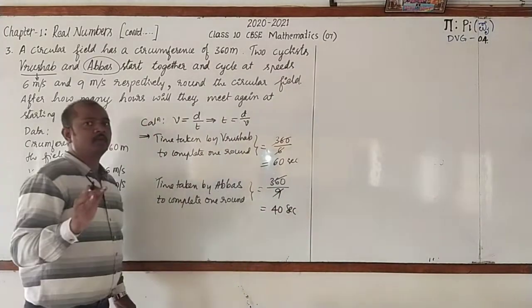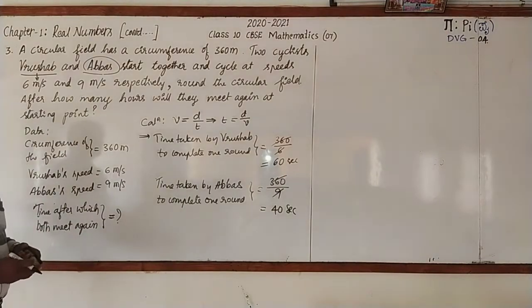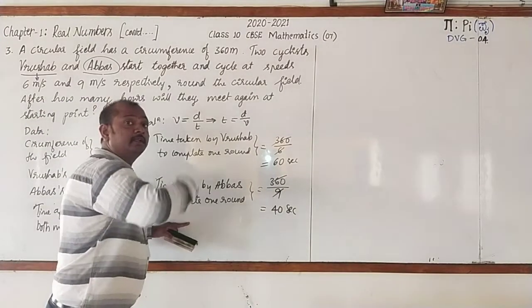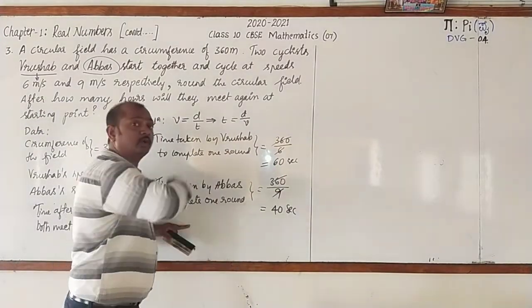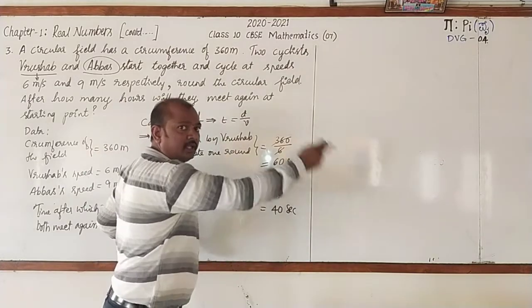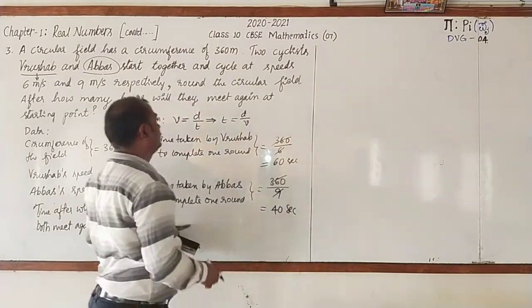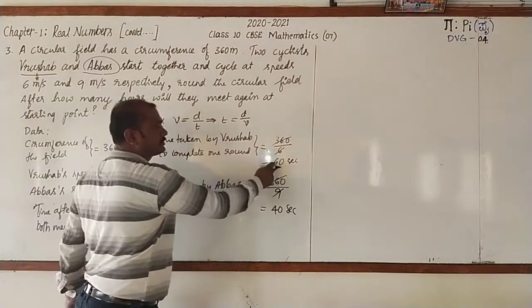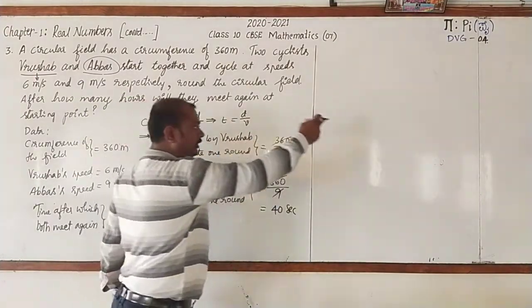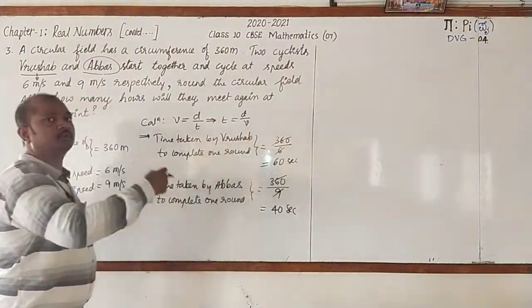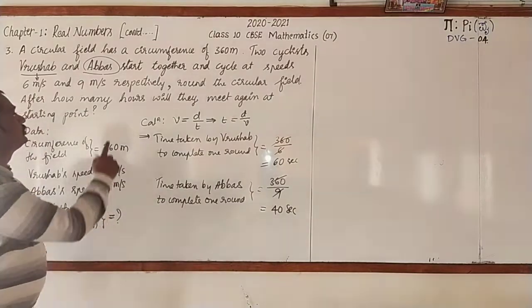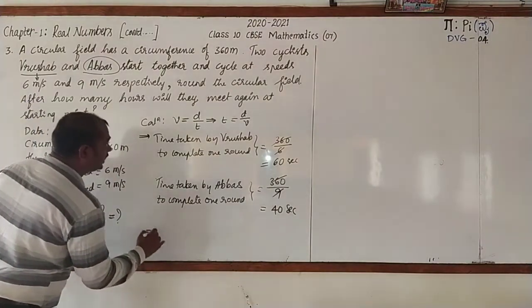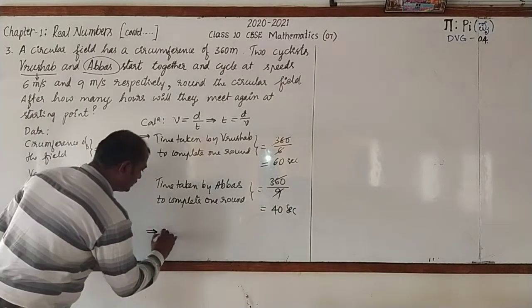It will take just 40 seconds to complete one round, and 80 seconds to complete 2 rounds. Next 120 seconds to complete 3 rounds. Like that, it will go on multiplying. Then similarly here also 60, then 120, then it continues 180, 240, like that. So here, the time after which they meet.